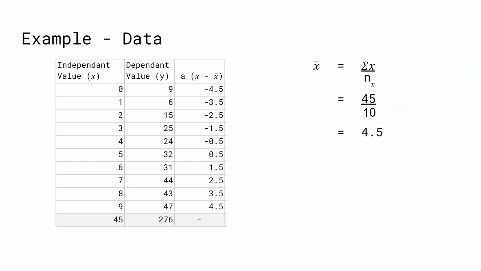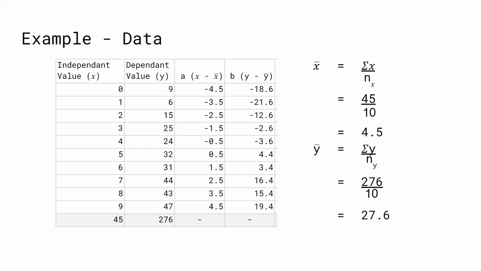I'm going to sum up all my y values, divide by the number of terms, and get an average for my dependent value y, 27.6. I'm going to make my fourth column, which I'm going to call column B, and that's going to be y minus y bar. And that looks something like this.